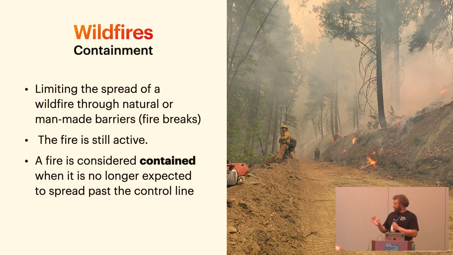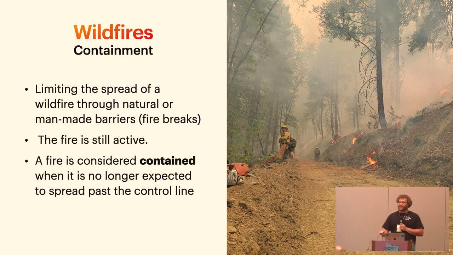That's kind of what this picture is here: something like this would be a fire break. Something like a river would be a fire break. A lot of times highways are expected to work as a fire break. You might also hear fire break referred to as other things, like a control line.